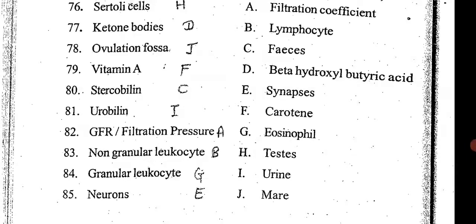B lymphocytes give rise to antibodies, and T cells give rise to cell mediated immunity as T helper cells, T cytotoxic cells, and interferons, etc. Cell mediated immunity is undergone by the T cells, and B cells have the humoral immunity, or immunity by antibodies, as they make antibodies. Both are types of lymphocytes.